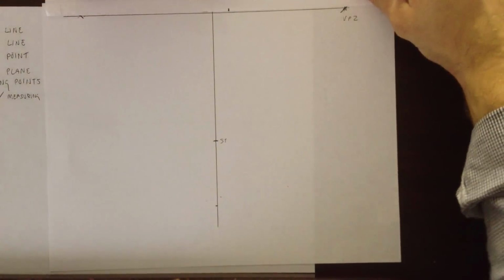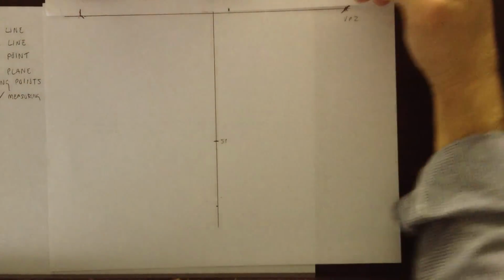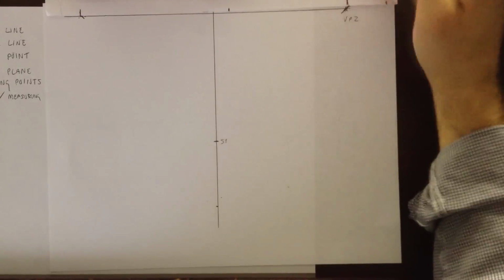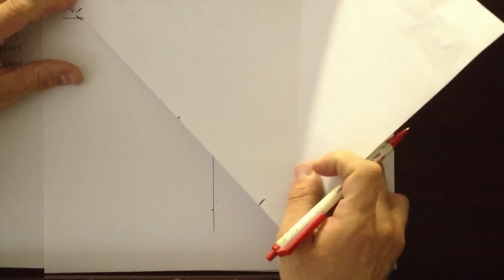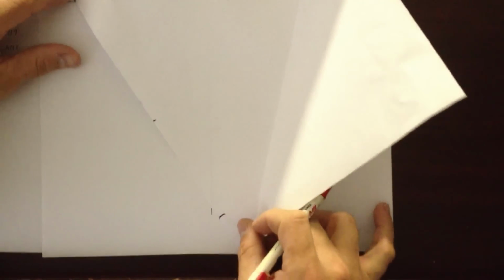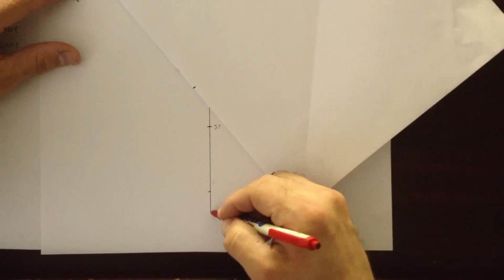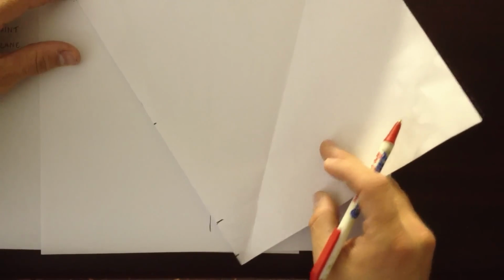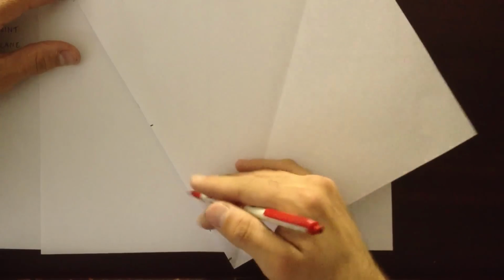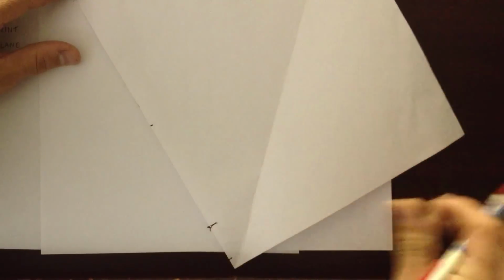So you can do this again with a piece of paper. Get the total distance between vanishing point 1 and vanishing point 2, and just pivot that from, say, vanishing point 1 until it hits the center line, which I'll have to extend down a little bit. Okay, and that hits right about here.